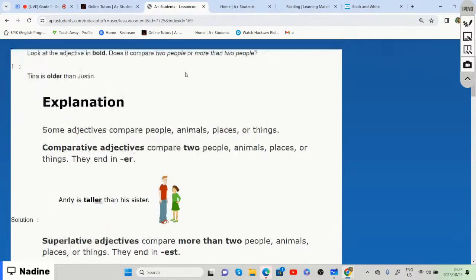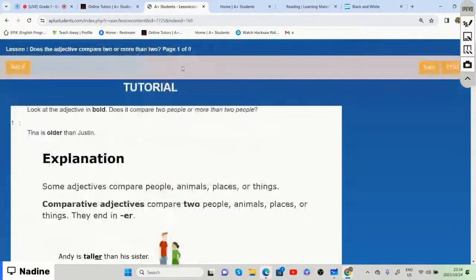All right. So now we need to look at the adjective in bold. We need to say, does it compare two people or does it compare more than two people? Tina is older than Justin.